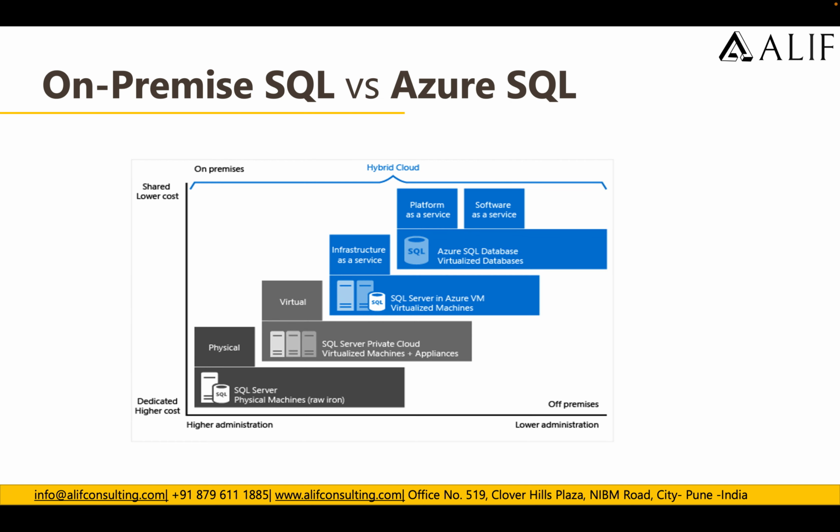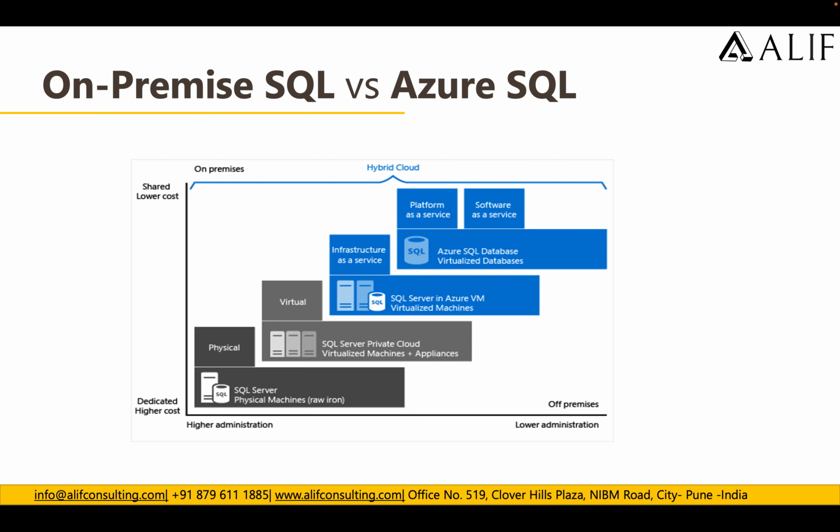Well, this is how your SQL on-premise and SQL on Azure look. So in Azure, we have two types of deployment methods to run SQL. We can do it on an Azure VM, and then we have SQL as a service.